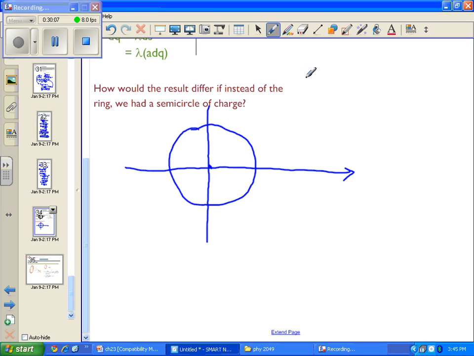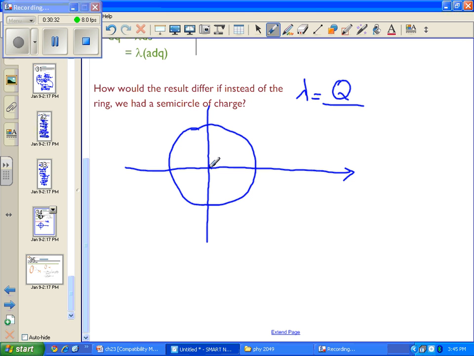Here again, we have to make note of the fact that it's uniform charge, and so lambda here is total charge, which they told us was Q, capital Q, divided by the total length of this ring. The total length is the arc length, the length of the perimeter, which is the circumference of this ring.